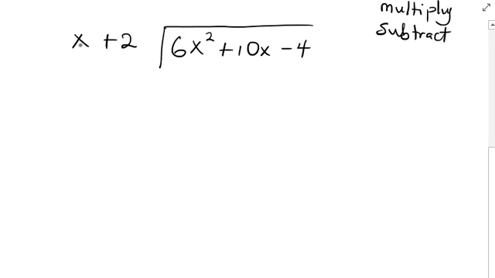So what we now need to do is divide 6x squared by x here. So how do you do that? The way to do that is you write 6x squared divided by x. That's 1x. We don't usually put the 1 in front of this x. So 6 divided by 1 is 6.